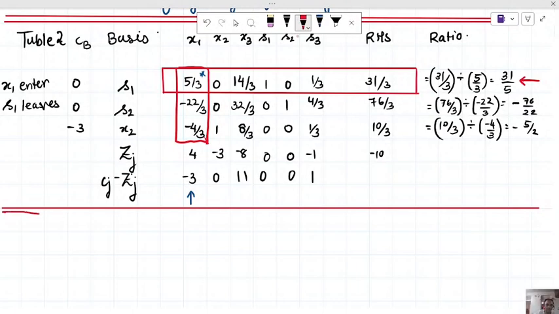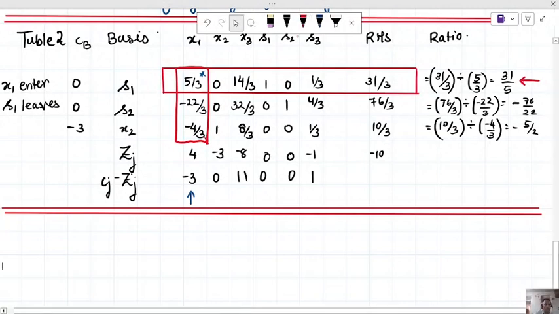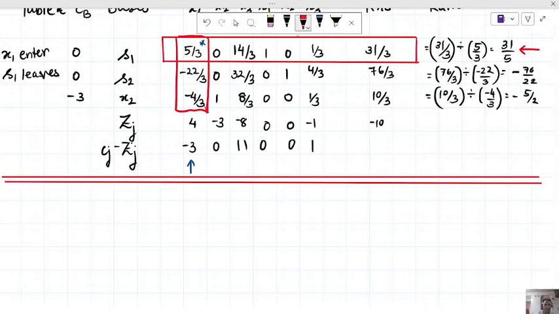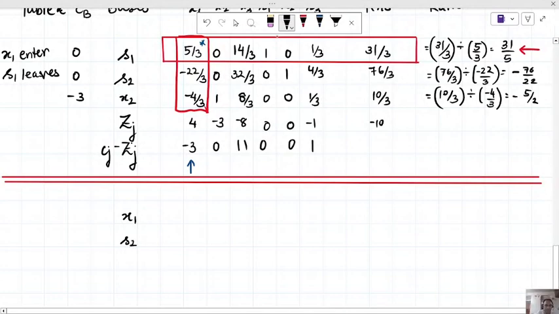Okay, now again the same columns can be followed. Columns are same but little row changes are there, so I'll just write down the rows which are required. x1 is entering and s1 is leaving, so I'll write down here x1, s2 and x2.